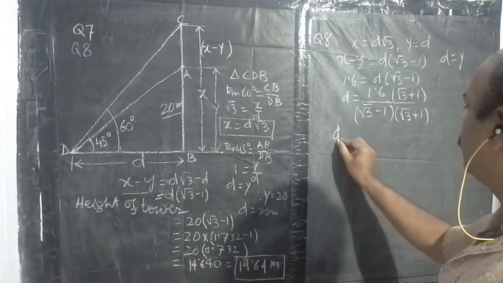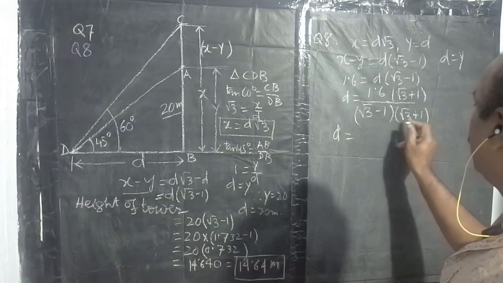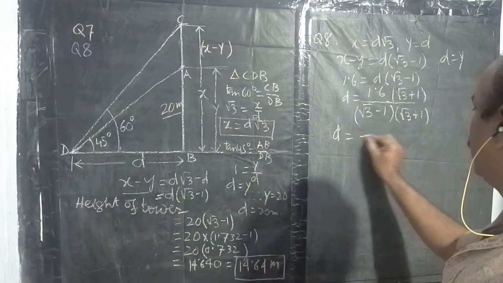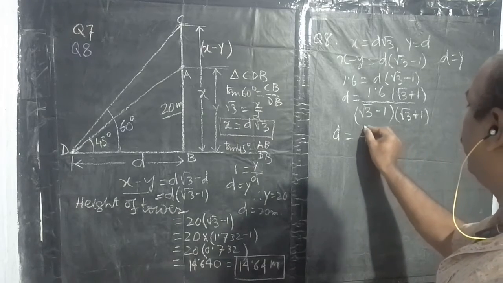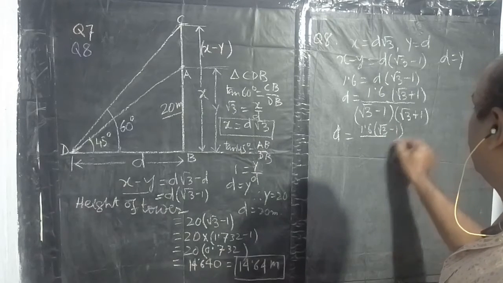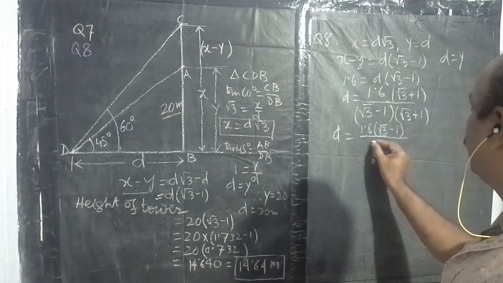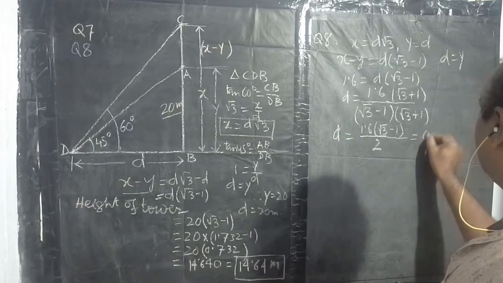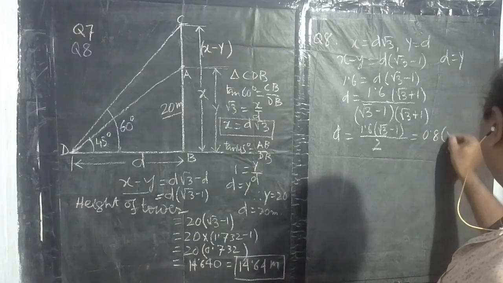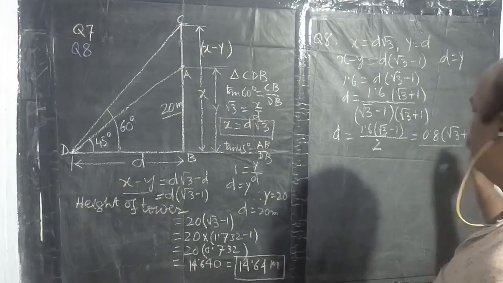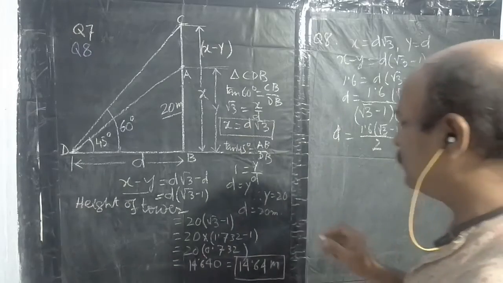Now D is equal to 1.6 into root 3 plus 1 over root 3 square minus 1. This calculation I am not going into in detail, it will be 2 and cut to 0.8 into root 3 plus 1. This is the answer. This is the height of the pedestal.